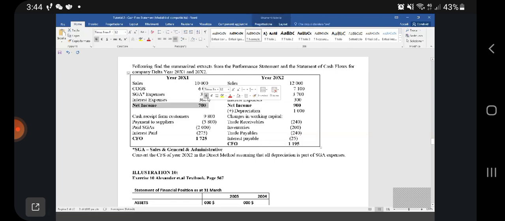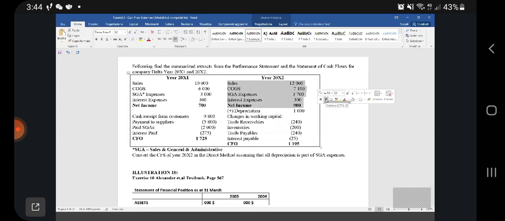Now, for the first year, which method did we use to prepare the cash flow statement? Is this the direct method or the indirect method? Direct method. We have used the direct method for the first year. Okay. Now the second year. The income statement is the same, with the same items: sales, cost of sales, general selling expenses, interest expenses.